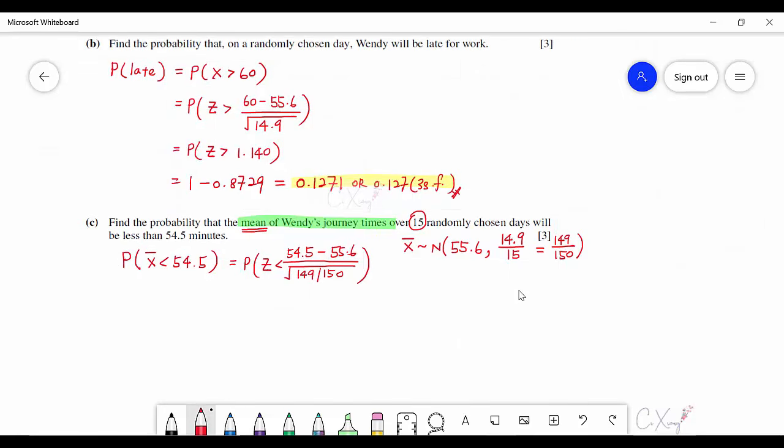From here, we get the value for Z, which is negative 1.104. Then from the normal distribution table, you should get 1 minus 0.8651. And from here, you'll get 0.1349, or you should be able to get 0.135. Okay, so this is how we answer question number 4.